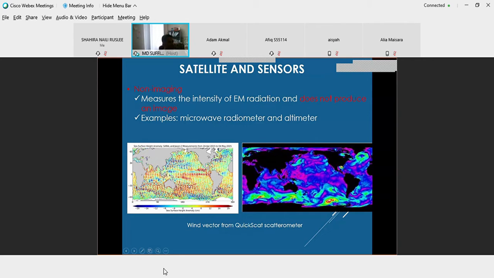It does not capture an image; it sends the data to a ground receiver that projects the image. It sends data in binary form, for every point along the scan line, and then we produce the image below.